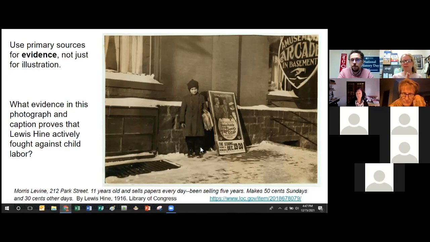A lot of times, students will just put up pictures, but they can go further if they use the pictures or the documents and say, this photograph shows, or this document proves, and then they can take that introduction out. But using these for evidence as part of their argument.